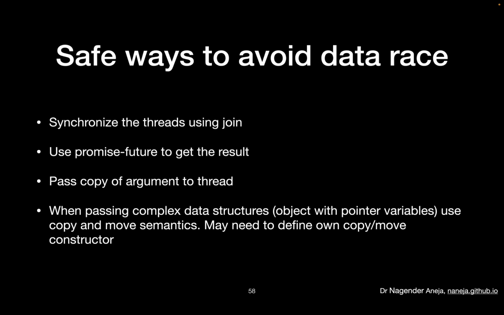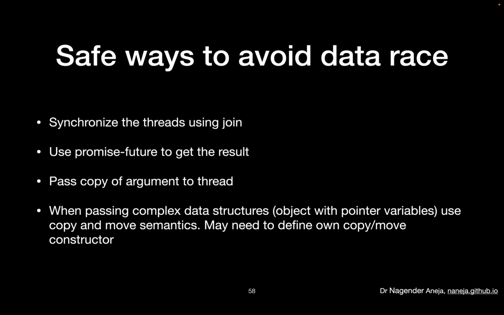What are the safe ways to avoid data races? First, synchronize the threads using join. You create one thread and then join, so the main thread waits. Only after it is joined can you create the next thread. That's proper synchronization, and it may be one way. Second, use promise and future. The thread should not read the shared value directly. It should get the value as an argument and return the result when it has completed, and only then does main get it.